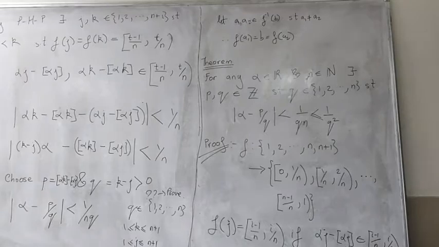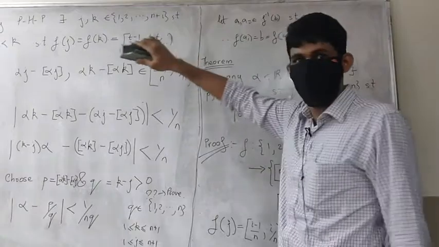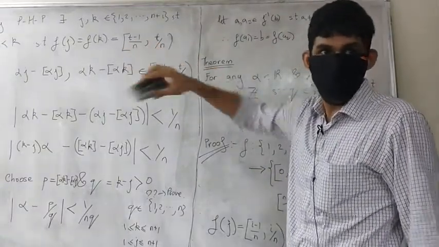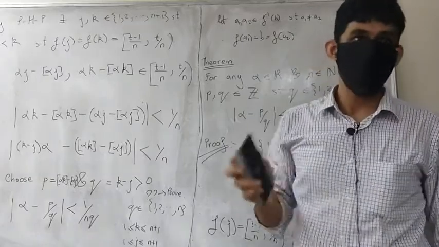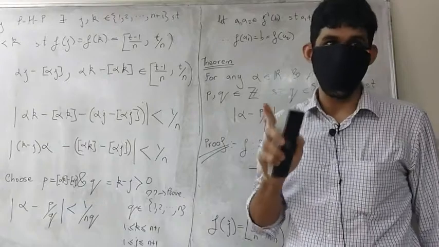So, nice rational approximation is what you get. Or rather, existence. We don't know how to pull out the rational approximation. The proof does not tell us how to pull out the rational approximation, but it tells us that there is one.